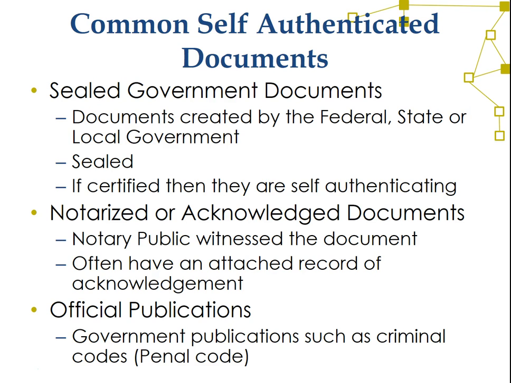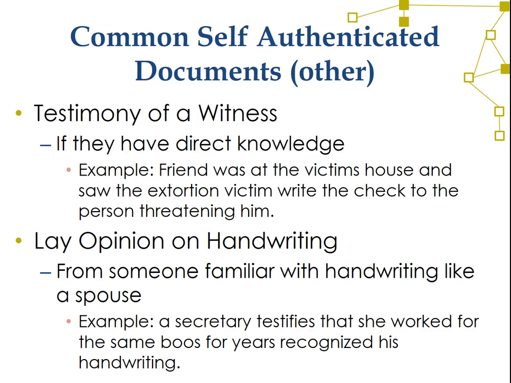So what about some other types of self-authenticating things? Well, a variety of other documents are usually considered to have such a minimal likelihood of forgery that they are considered, for the most part, self-authenticating, like brand name labels fastened to merchandise to show the name of a manufacturer.